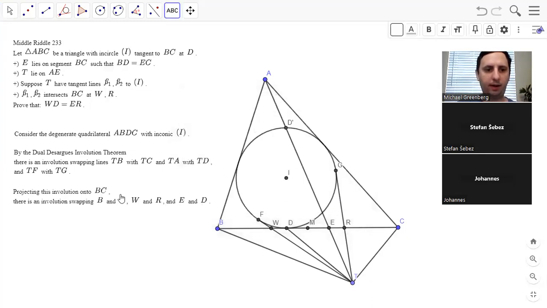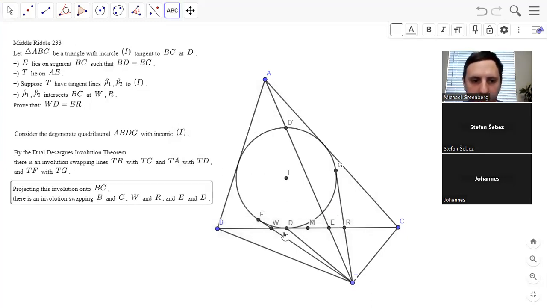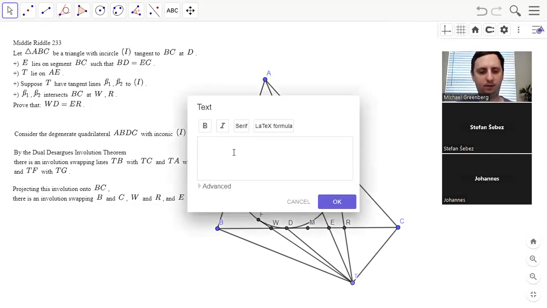So it has to be a reflection, since D and E are reflections over M, and B and C are reflections, then W and R also have to be reflections. That's kind of the idea, right? Yeah.